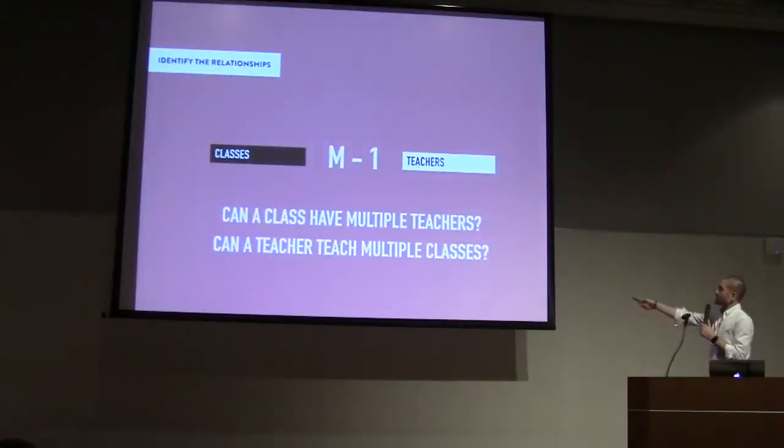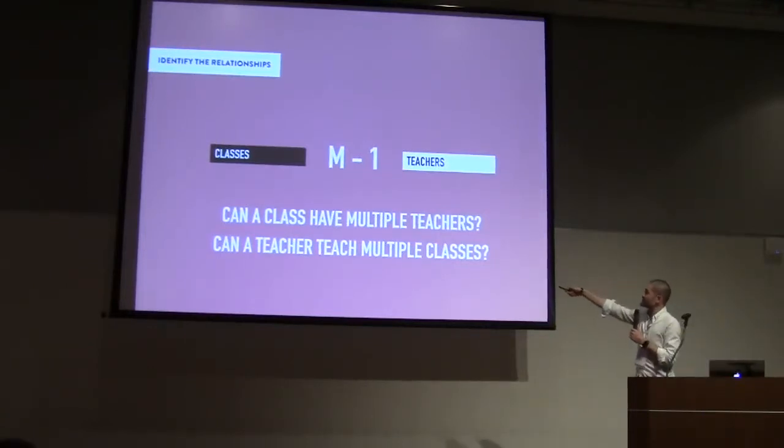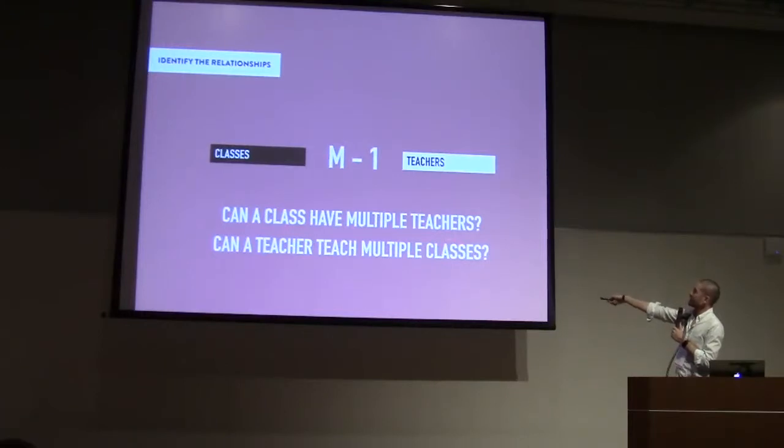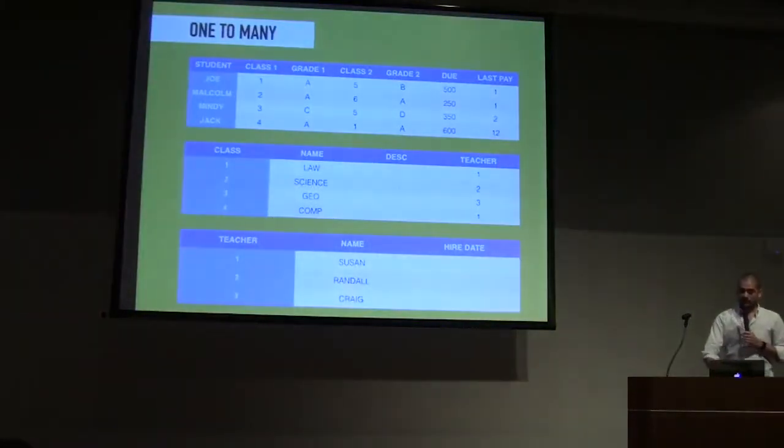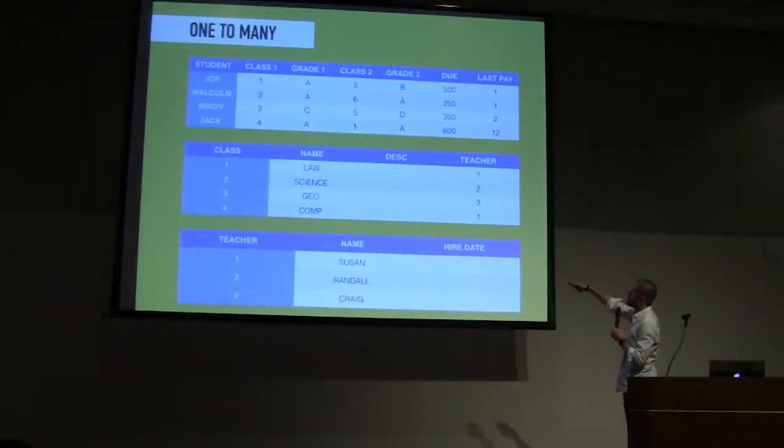Just to show really quickly how you would identify the relationships. Classes to teachers. Can a class have multiple teachers? No, they can't. Only one teacher, obviously. Can a teacher teach multiple classes? Yes, absolutely. So it's a many-to-one, or depending which way you go, a one-to-many relationship. Very basic, very straightforward. So this is an example of the one-to-many relationship.